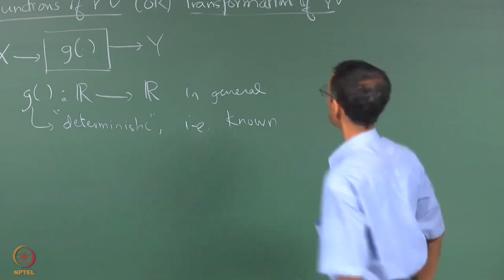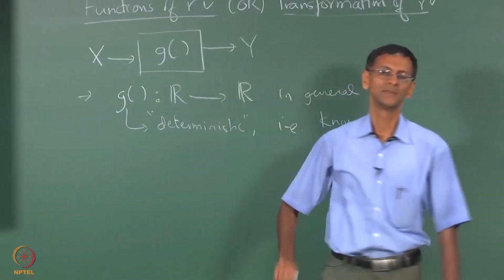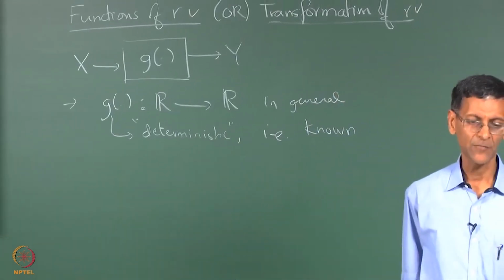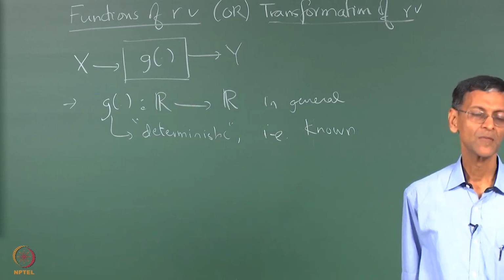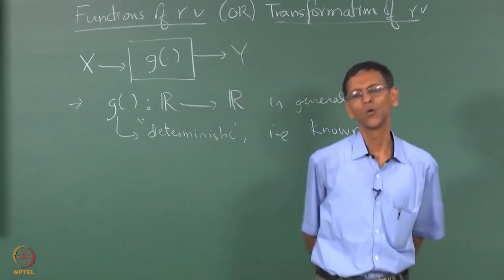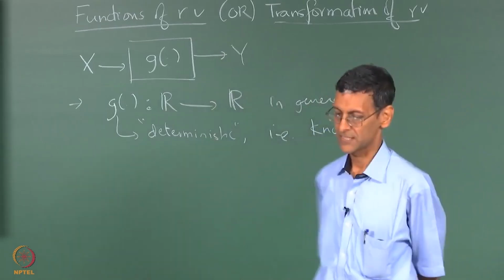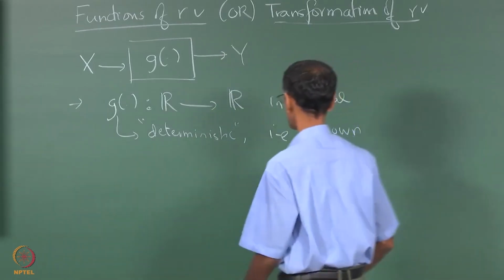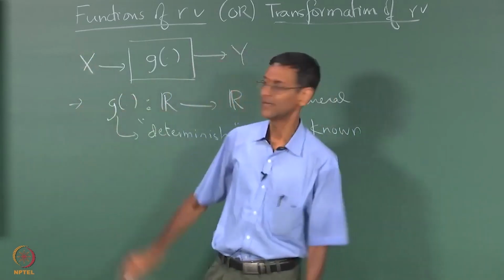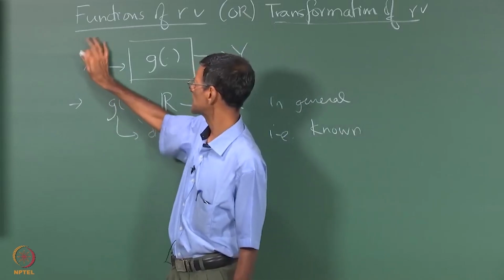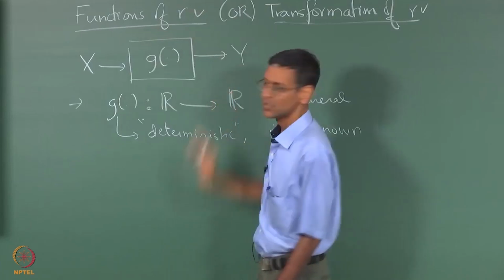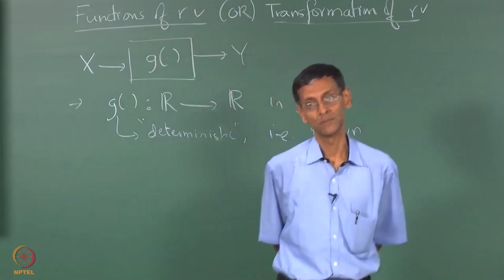So, if you look at all the possible values you get out here as a result of the random variable X going into this mapping G, what do we get? Can we call this output a random variable? It turns out yes, because you are assuming that there is some statistical description of what is coming in at the input, and that will transform into the statistical description of the output.